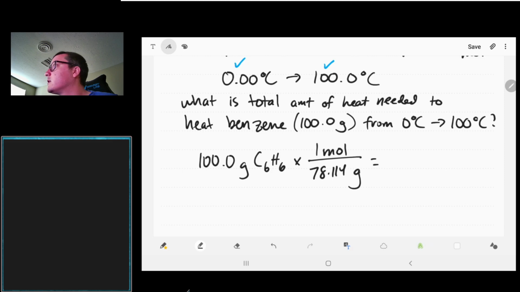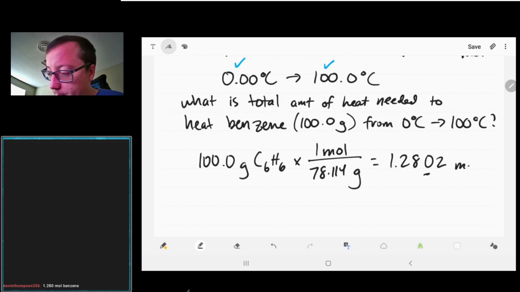So doing this, 100 divided by 78.114 gives us 1.2802 moles. So we're going to use this number here. Perfect. I'm just going to leave it with 5 sig figs to carry that over and not round it just yet.